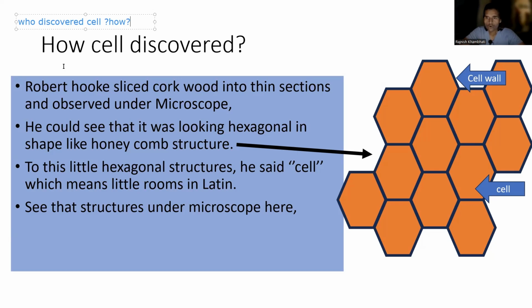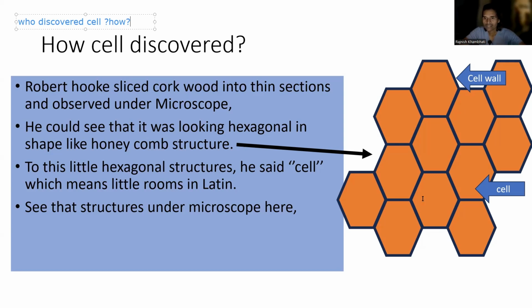First, Robert Hooke sliced cork wood into thin sections and observed under a microscope. He took the wood, made very thin slices, then made a slide of it and observed it under the microscope. Under the microscope, he could see a honeycomb-looking structure.